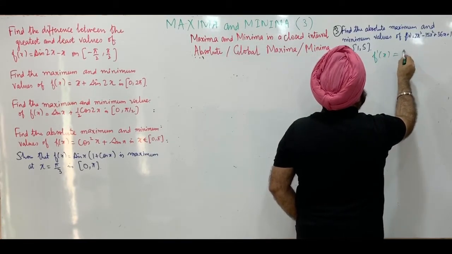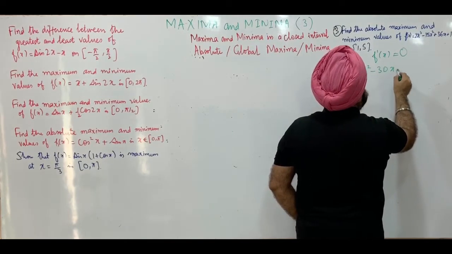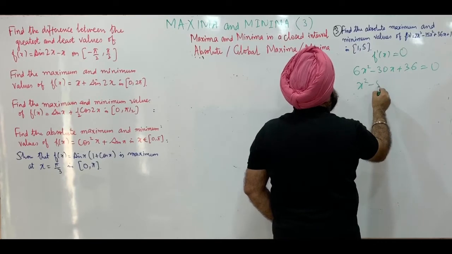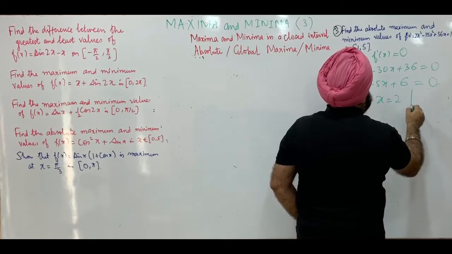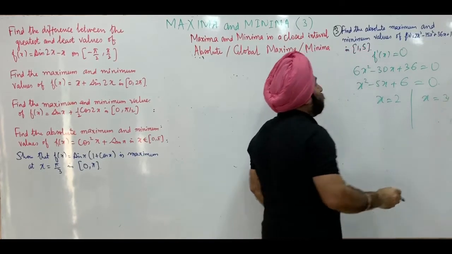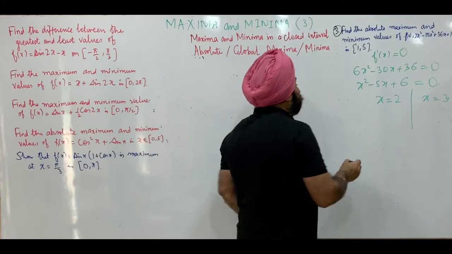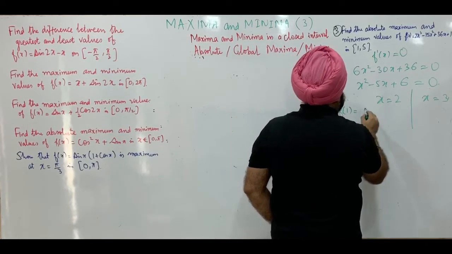F dash of x is equal to 0, this is for critical points, plus this is 36 equal to 0, dividing by 6, and this gives you x is equal to 2 and x is equal to 3. 2 and 3 both lie in the interval, so we will consider both. We find out the value of the function at the starting point of the interval, that is f of 1.